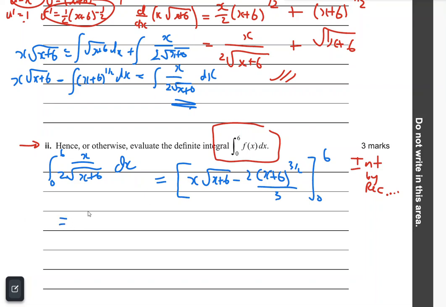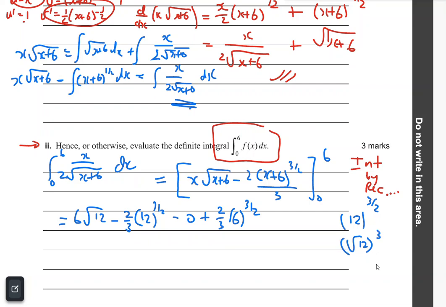So that's going to equal 6 root 6 plus 6 is 12, minus 2/3, 12 to the 3 on 2, minus nothing, because when you put in a 0 there, that goes to 0, plus 2/3, 6 to the 3 on 2. Okay, 12 to the 3 on 2 is root 12 cubed, which is 12 root 12.